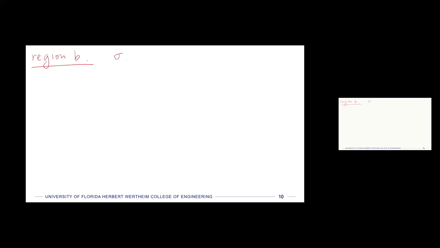So for region B, this was at the end of the last lecture, we kind of covered this, was sigma max minus sigma mean is greater than or equal to the fatigue strength, sigma n. I didn't do this in this lecture, but we could go through and determine what this expression would be if we use that metric of the distortion energy.